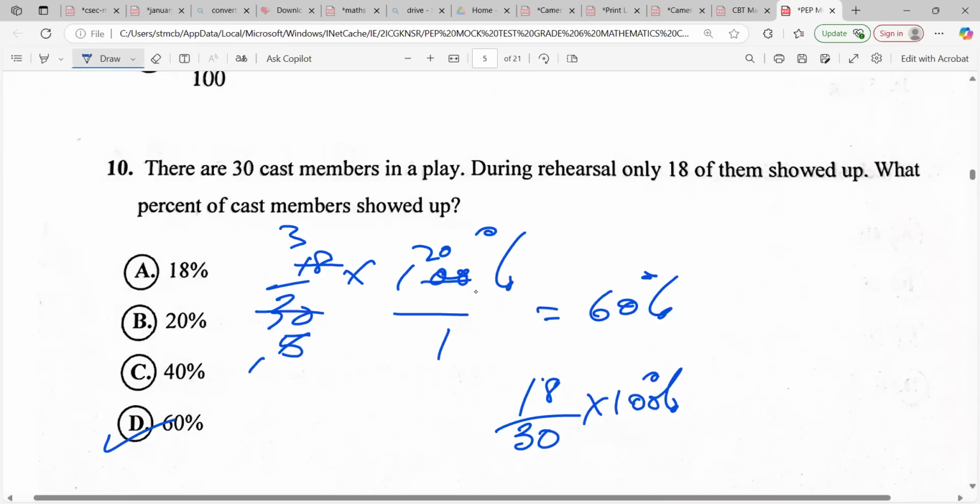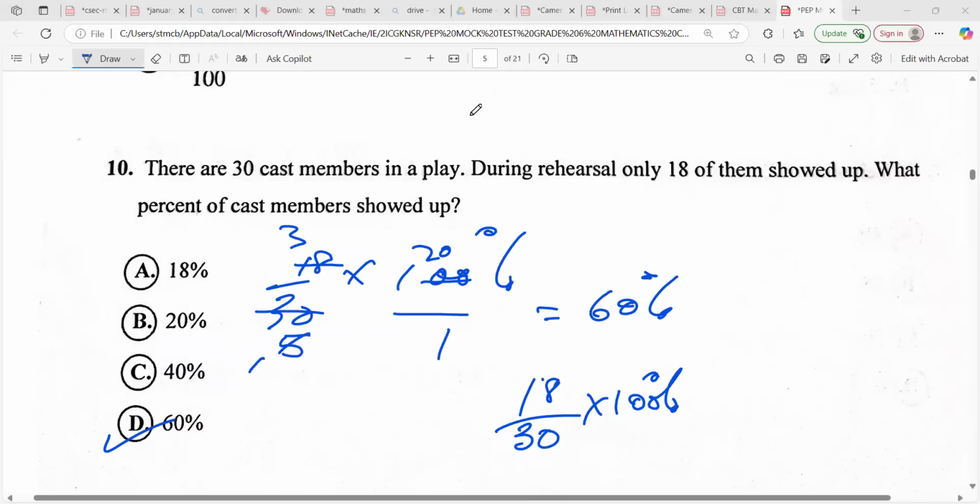What if they had said how many did not show up? What percentage did not show up? Let's see if somebody can answer that. Same question.